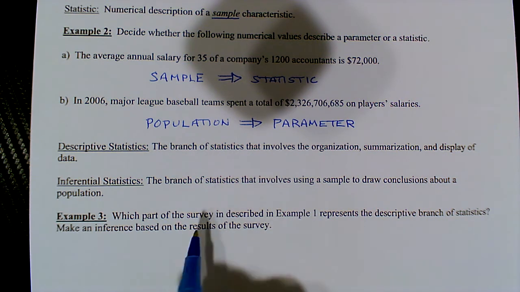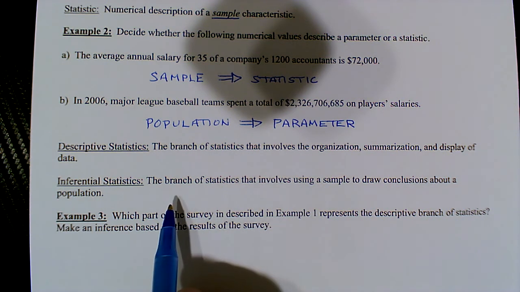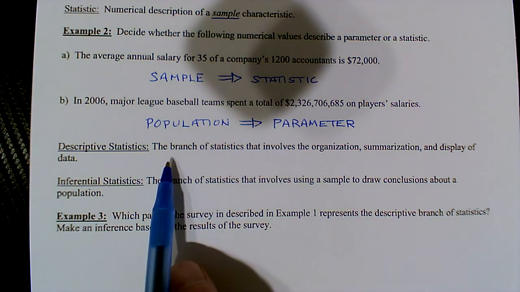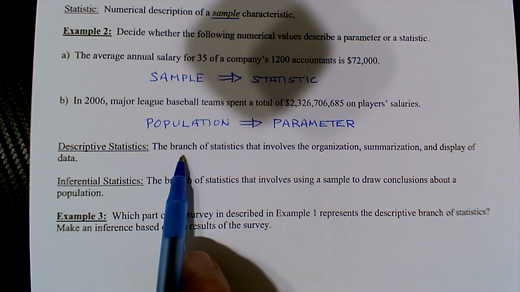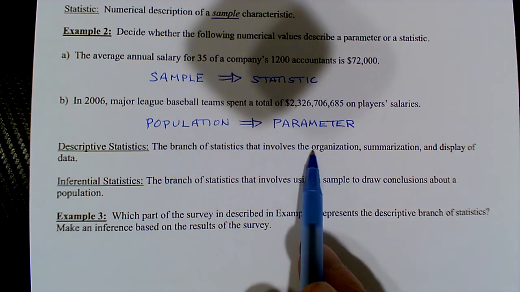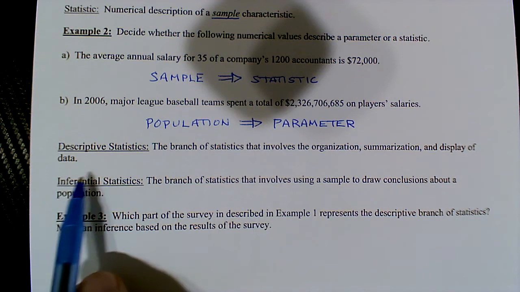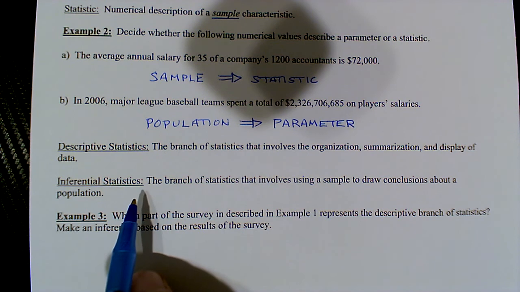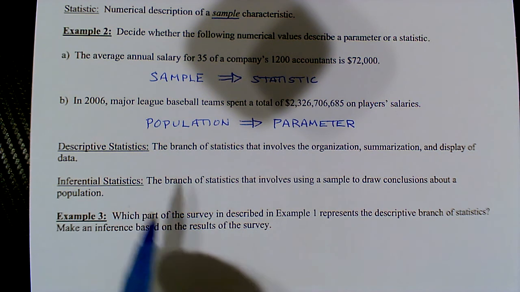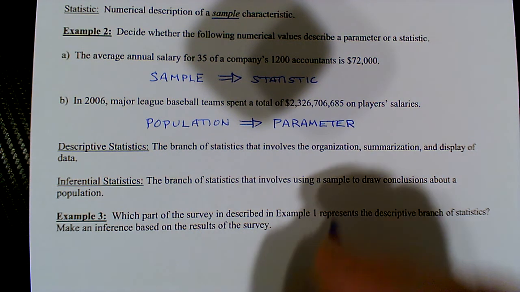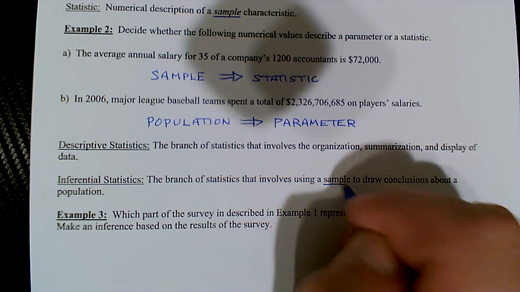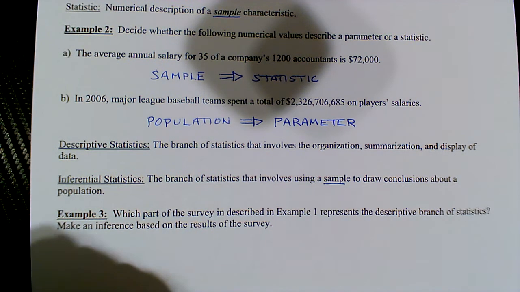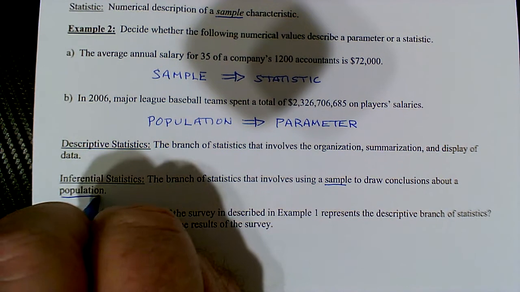Then we define descriptive and inferential statistics. Descriptive statistics is the branch where we basically go through the process of the organization, summation, and display of the data. And inferential involves making inferences from a sample to generalize to a population.